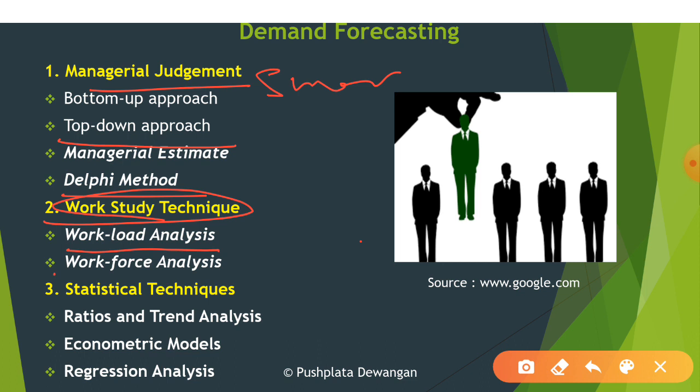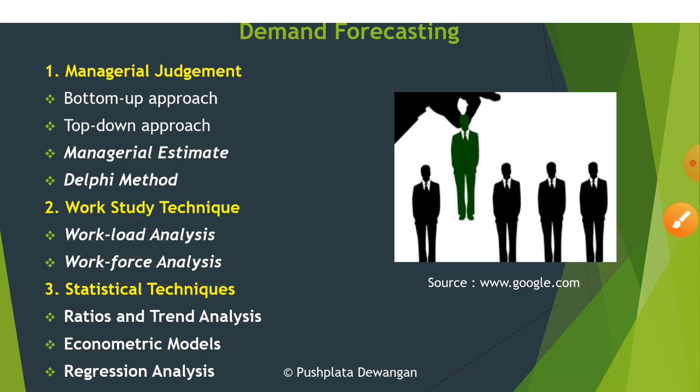The second technique is the workforce analysis. Assuming that all other factors are favorable, it is almost certain that all the workers will be available for all working days, but because of absenteeism and labor turnover, most of the workers may remain absent. So this technique is also used to find out the demand forecasting of human resource in the organization.